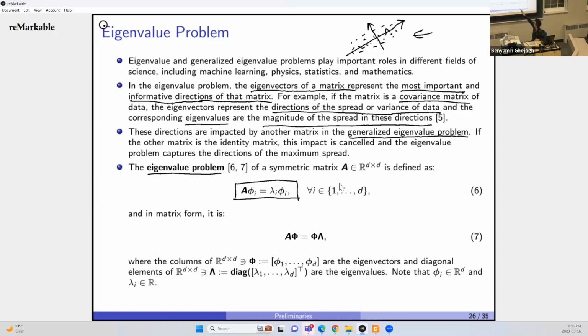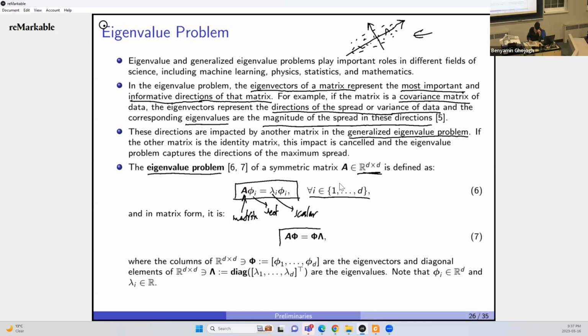A is a matrix, phi i is a vector, lambda i is a scalar: matrix, vector, scalar. We have D of them. Why? Because the matrix is D by D. So we have D eigenvectors and D eigenvalues, phi 1 to phi D, lambda 1 to lambda D.